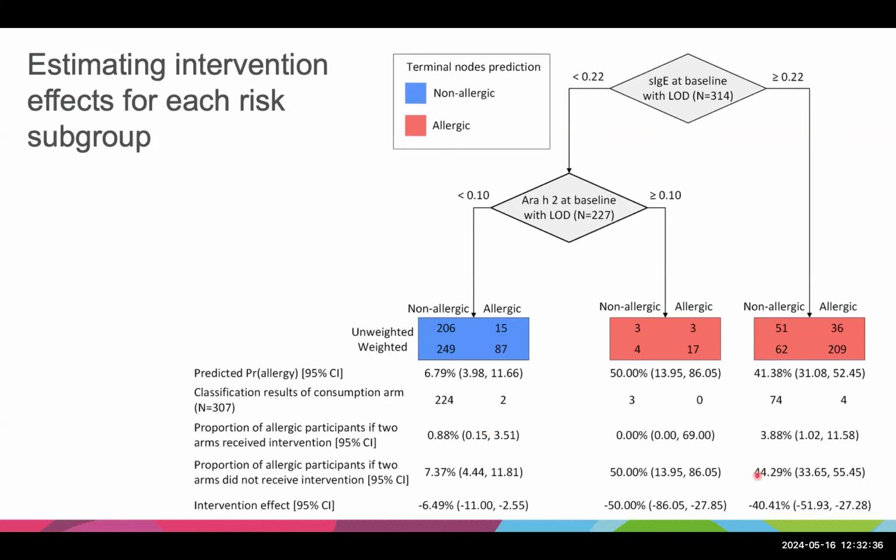Interestingly, the relative intervention effect is similar in these risk subgroups, but the absolute intervention effect differs. In this risk subgroup, with peanut specific IgG greater than 0.22, the intervention effect was 40%, but the absolute intervention effect in this risk group is 6 or 6.5%.